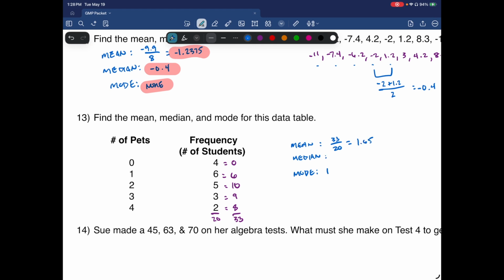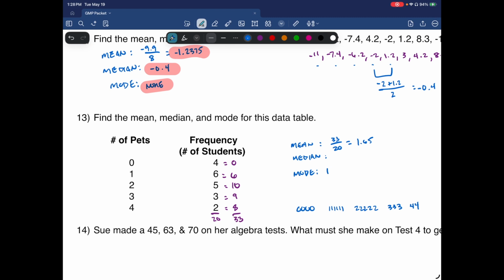My median, you can do that by listing them out. So there's 0 4s. There are 6 1s: 1, 2, 3, 4, 5, 6. There are 5 2s: 1, 2, 3, 4, 5. 3 3s: 1, 2, 3, and 2 4s.